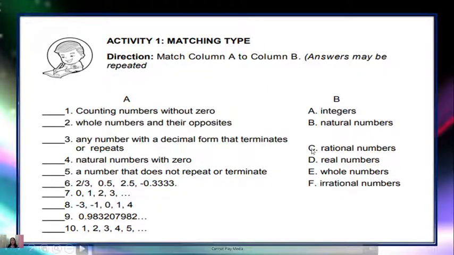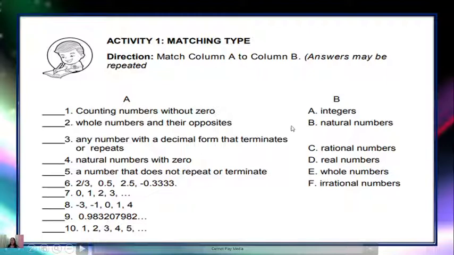Natural number. Next, rational number. What does a rational number contain? We have positive integers, negative integers, and 0.